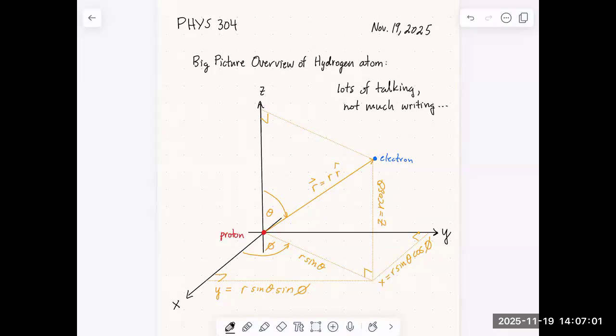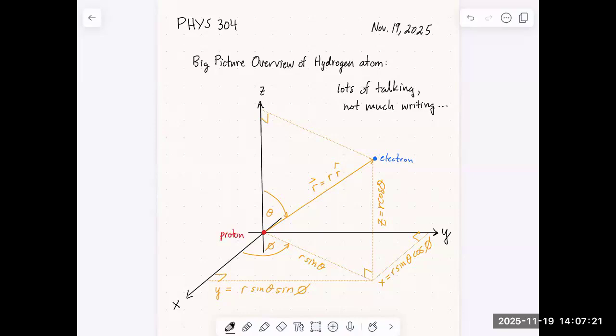Similar things are happening for our hydrogen atom, except the difference is we don't have rigid boundaries where the wave function has to vanish. We have these kind of squishy, blurry boundaries where we have to slowly decay to zero. But it's still confining the particle.